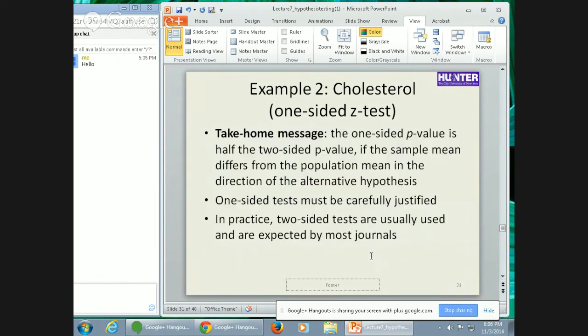You'll get lots of practice in this in the lab. So under 0.05, you reject it. If your p-value is less than alpha, you reject the null. And often alpha is 0.05. And again, we usually use two-sided tests, except under very special circumstances.